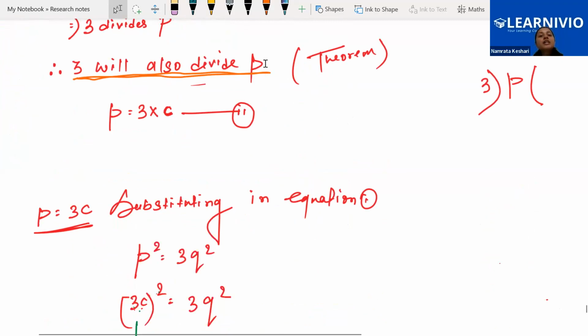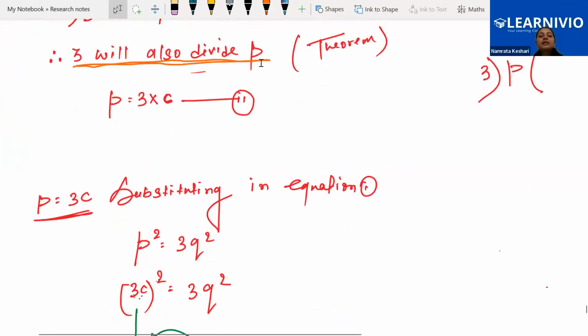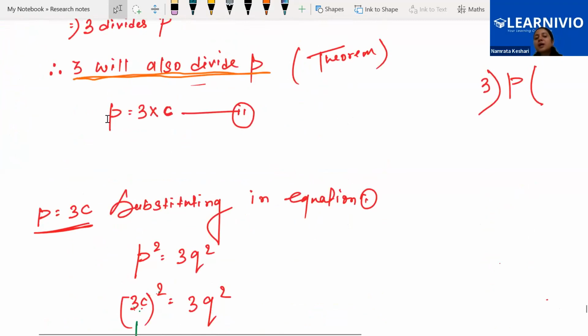If 3 divides P, then we know how to write it using dividend equals divisor into quotient plus remainder. This is how we can write it. Quotient we don't know, so to represent the quotient, I have used this alphabet C. You can take Z or any other variable to represent your quotient.